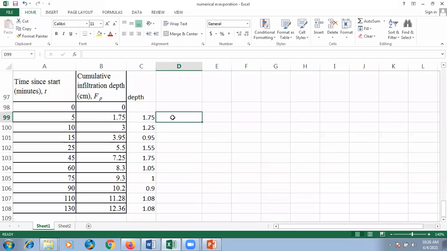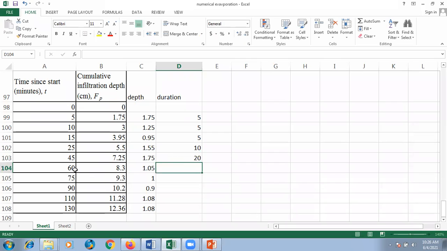From here to here, it is 5 minutes. 10 to 5, it is again 5 minutes. Let me write the duration, 5 minutes. Then 15 to 10, 5 minutes. 25 to 15, 10 minutes. Look at this. 45 to 25, 20 minutes.